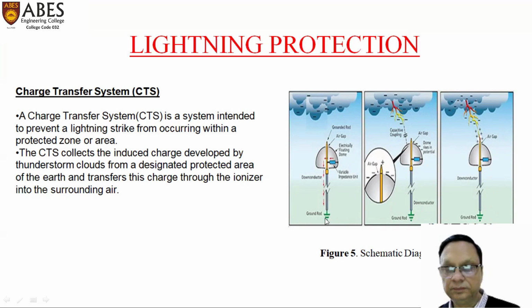This is the ground. This is the variable impedance unit, electrically floating dome, air gap, and the grounded rod. Here, this rod is grounded. Once the lightning strikes, it strikes this dome and then passes onto this air gap. Here we have positive, there we have negative, due to which the current will flow into the dome.